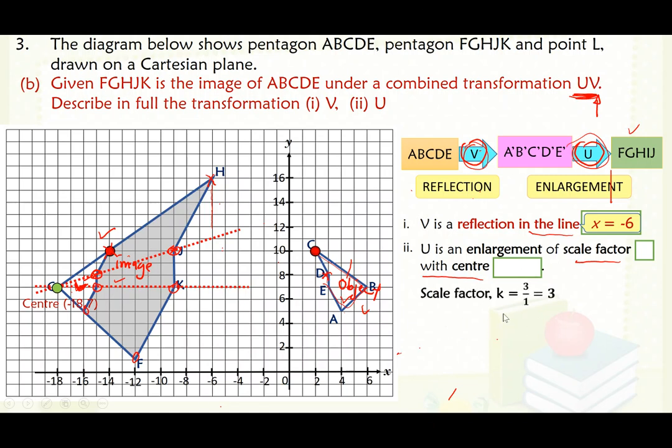Now I find the scale factor. Scale factor, I use this length. So I use this length. This is image is 3, object is 1. So the scale factor is 3. If you don't know, you can use the corresponding is this one. So 1, 2, 3, 4, 5, 6.